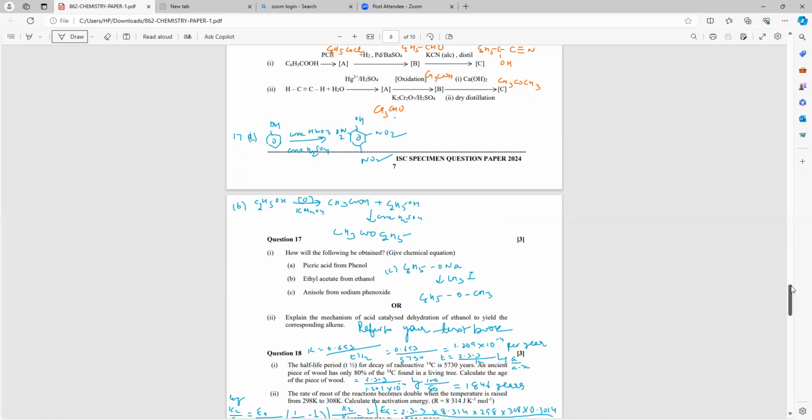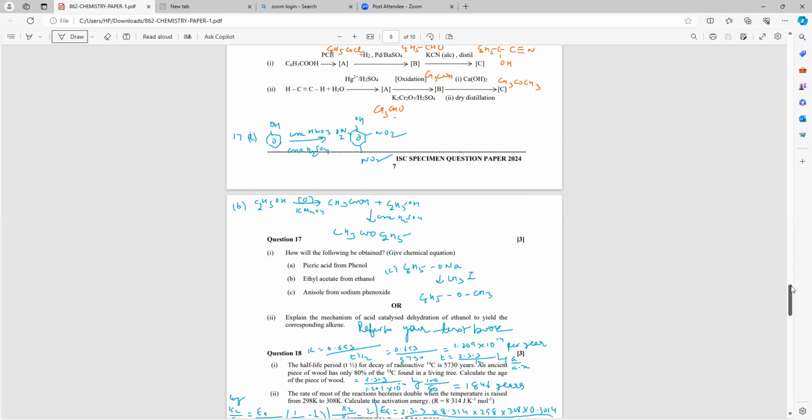So ethanol on oxidation will give acetic acid. Acetic acid again treated with ethanol in presence of conc H2SO4 will form an ester. This is also called esterification reaction. Again, it is a very important chemical property of ethanol as well as acetic acid. Anisole from sodium phenoxide. You can see I have written the reaction.